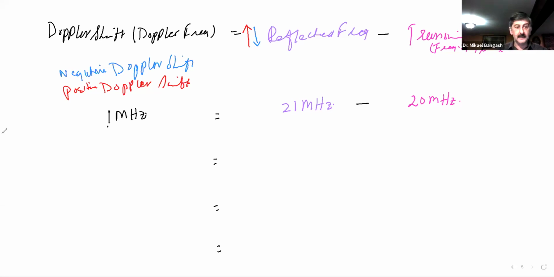But because our reflected frequency was greater and the transmitted frequency was lower, it is like saying: I got $21, I spent $20, so what do I have left? I have $1 left. So your bank balance is still positive, right?